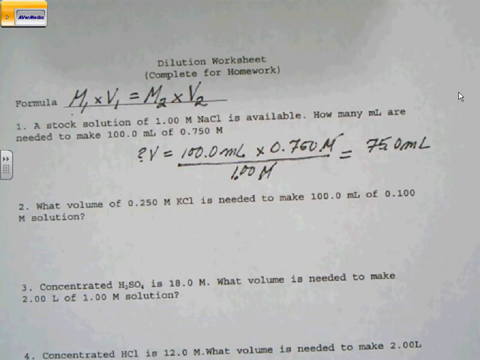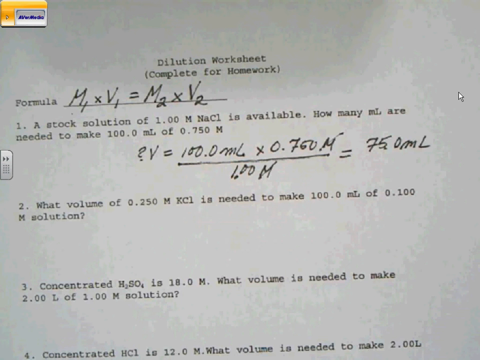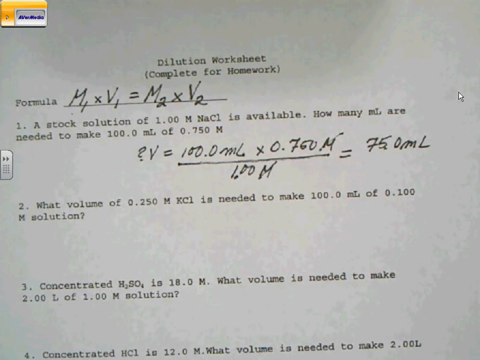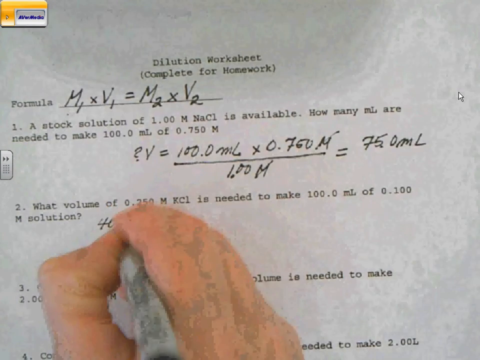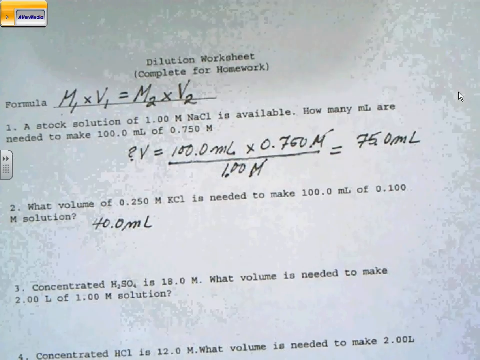So what's the answer for our second one? 40.0 milliliters. So I would take 40 milliliters of that 0.25 molar solution and add 60 milliliters of water to it to get what I need. Does that make sense? Because I want 100.